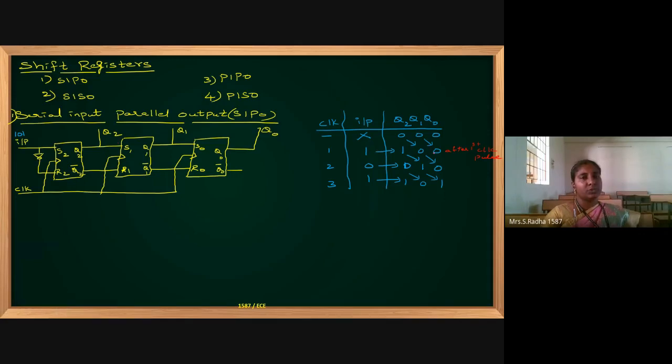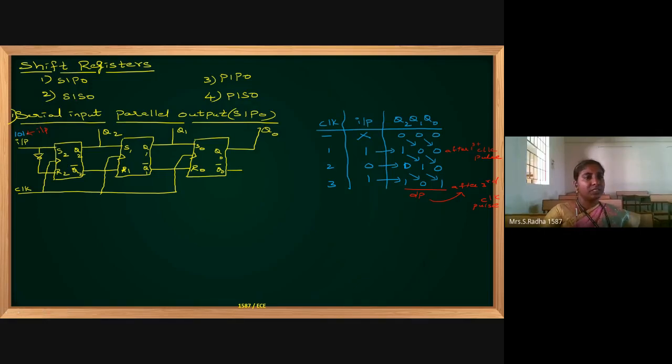After third clock pulse, output is 101. This is the input, 101 is given, and the output obtained here is 101 after 3 clock pulses.